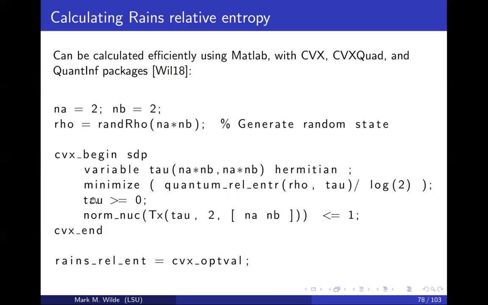And then the constraints are tau has to be positive semi-definite, and the trace norm of the partial transpose operator has to be less than or equal to 1. Trace norm is also called nuclear norm. Okay, and then the output will be the Rains relative entropy. So it's a pretty simple program that you can execute, and its running time will be polynomial in the dimension of the state. So that's nice.